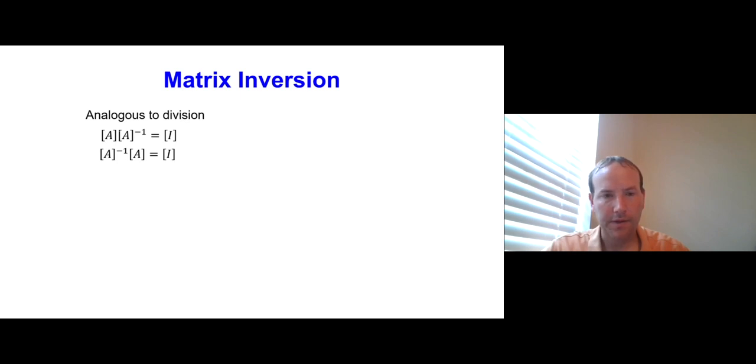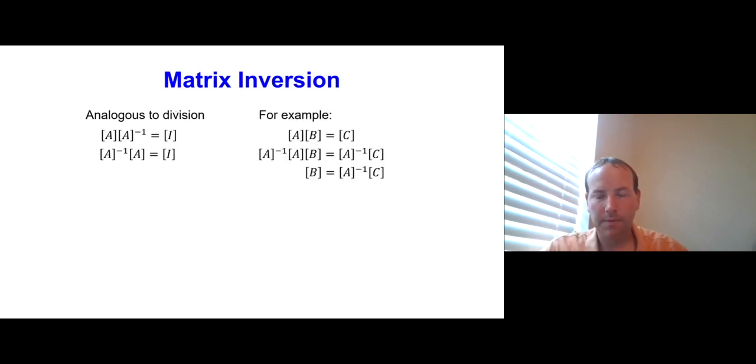The basic idea is that an inverse of a matrix is defined as when you multiply by the inverse, you get the identity matrix I, or if you multiply by the inverse on the left-hand side of your matrix, you also get the identity I. That can be very useful in solving systems of equations.